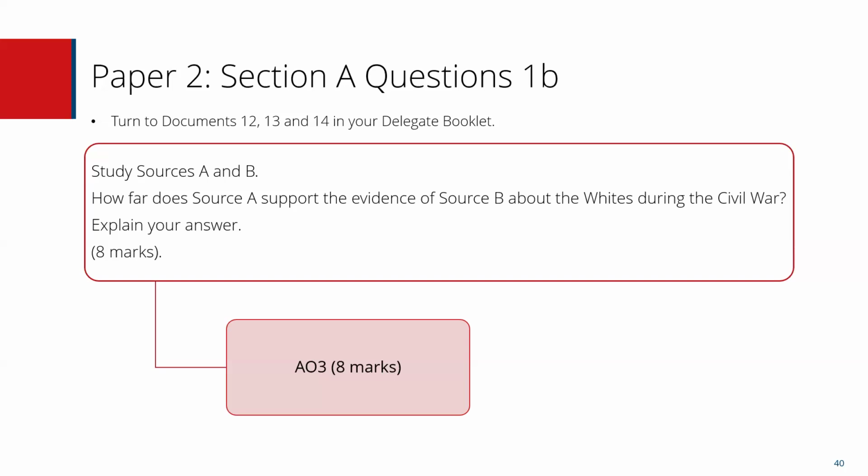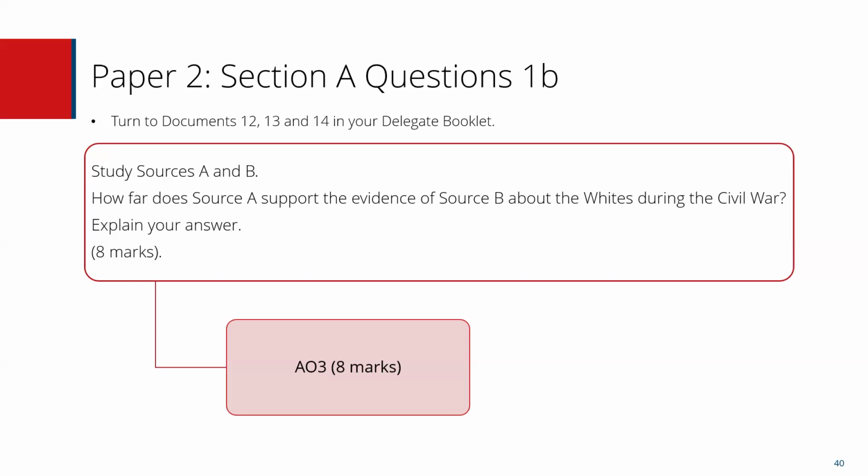So you're going to need to know these sources. Tell your students they really need to know the sources to be able to answer the question. So we'll talk through the mark scheme first.